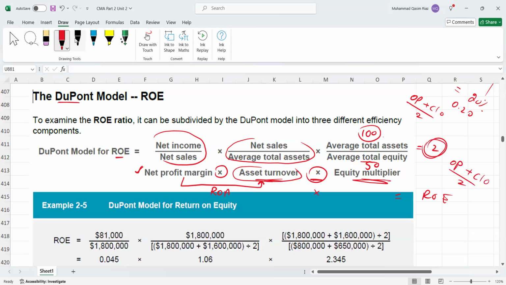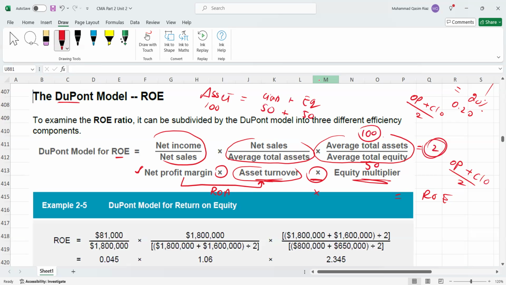But actually, guys, the true interpretation for equity multiplier is that this ratio measures financial leverage. Like usually in accounting, we know our assets are always equal to liabilities plus equity. Now, as per my data, if assets are 100 and my equity value is 50, obviously my liability value is also 50.